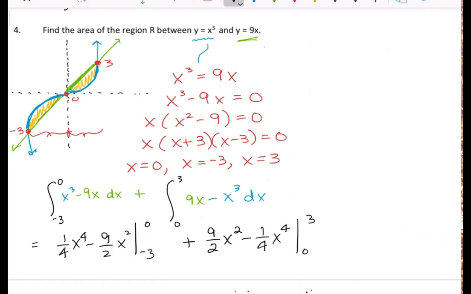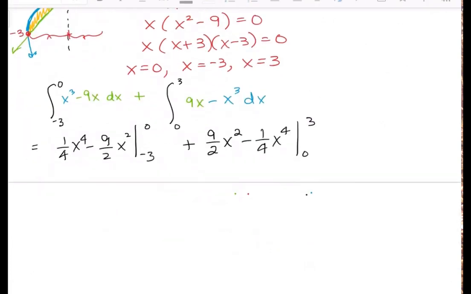So if we go ahead and do the evaluation on the first set, we want to replace all of those x's with 0, which is nice because I'm just going to get 0, minus what I would get when I replace all of those x's with -3.